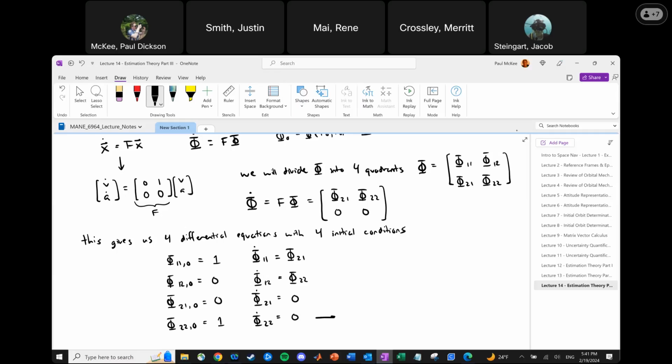Let's start from the bottom and work our way up. So if this is the case, let's just look at phi 2,2, right? The bottom right element of phi. It starts off as 1, and then its derivative is 0. So what does that tell us about phi 2,2? If it starts off at 1, it should still be 1. Yeah, it's going to be 1 forever.